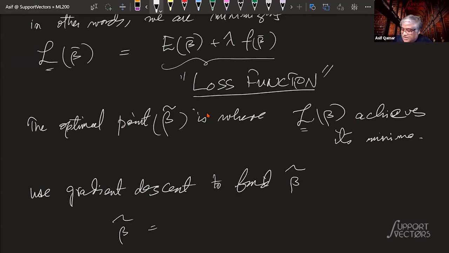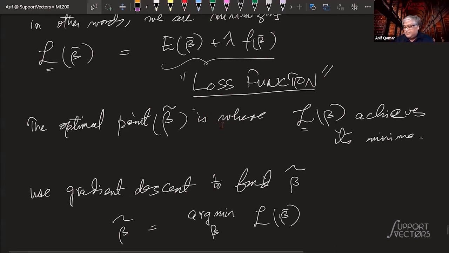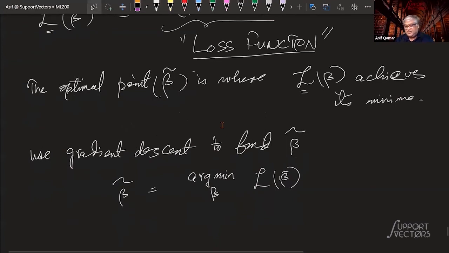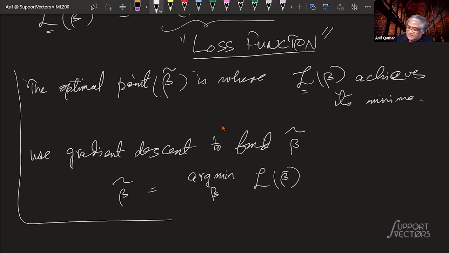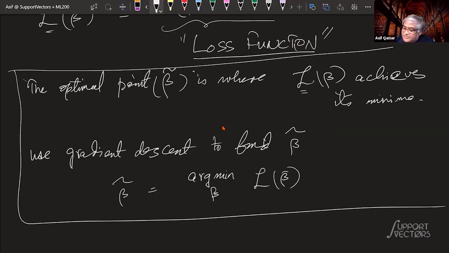Beta tilde is arg min over beta of the loss function. It is that value of beta that will minimize the loss function. Are we together? And this is a core result. This was where the long journey was coming to.